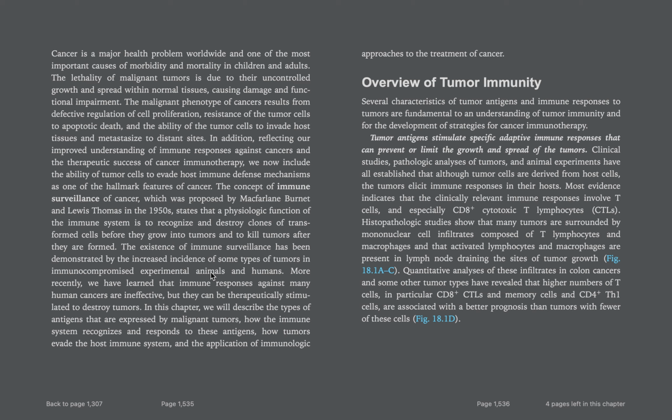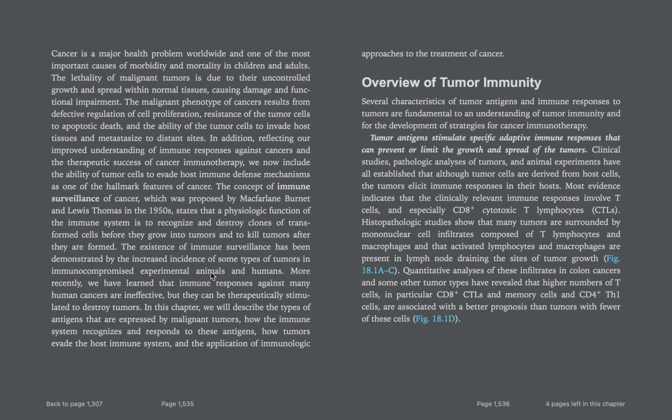In this chapter, we will describe the types of antigens that are expressed by malignant tumors, how the immune system recognizes and responds to these antigens, how tumors evade the host's immune system, and the application of immunologic approaches to the treatment of cancer.